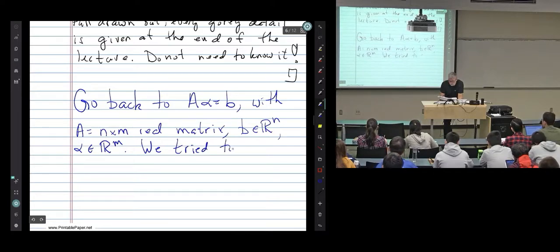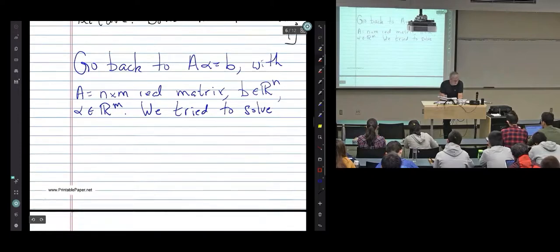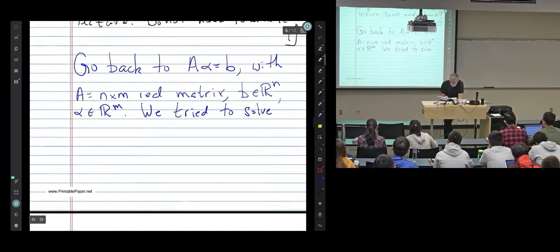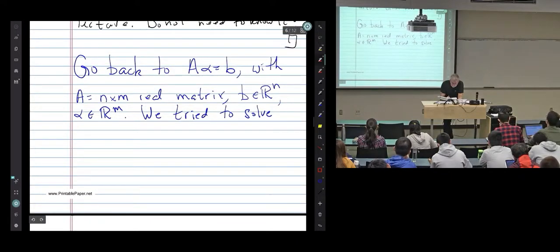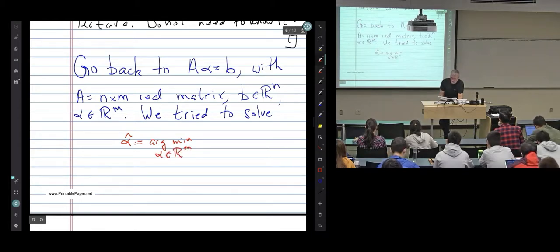We tried to solve this, and this is how we were doing it. We thought we were optimizing over the x in the equation. So we wrote this as alpha hat is arg min over all potential solutions of A alpha minus B, the 2 norm squared.